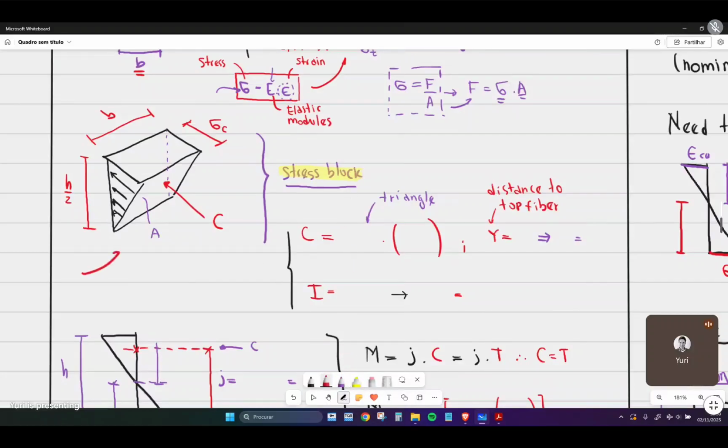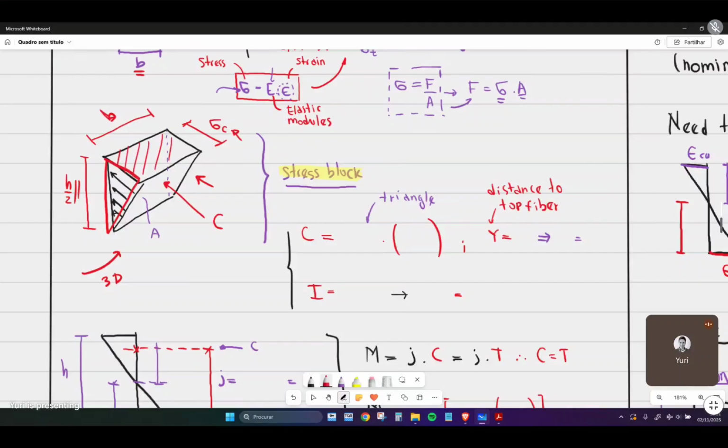Let's see in a three-dimensional environment this triangle section that we call the stress block. The stress block volume is half of the height times the width of the beam, with the compressive stress at the top part.